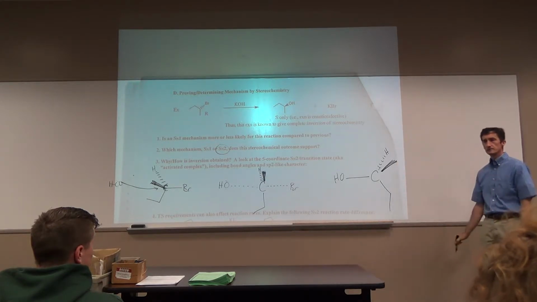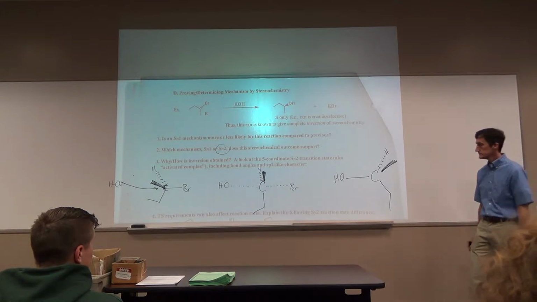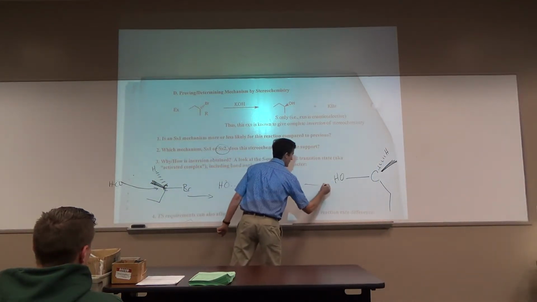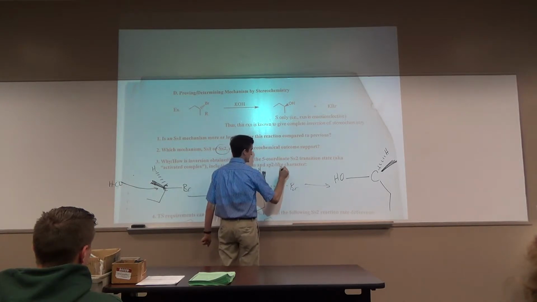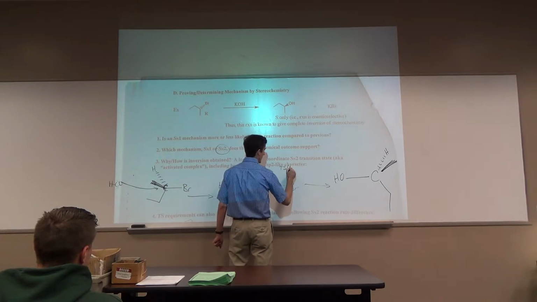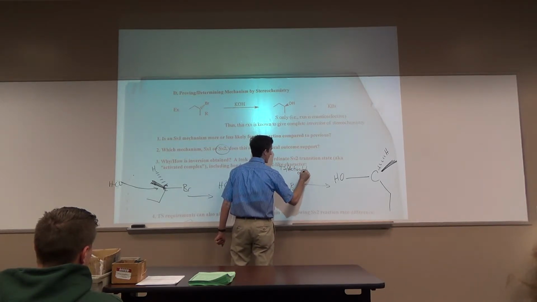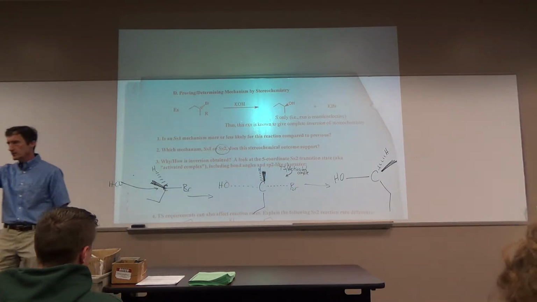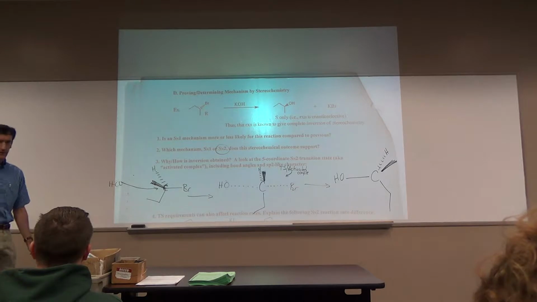Here's our final outcome. This is the transition state. Okay, also sometimes called what? Activated complex. Sometimes drawn with daggers or something on the upper right.